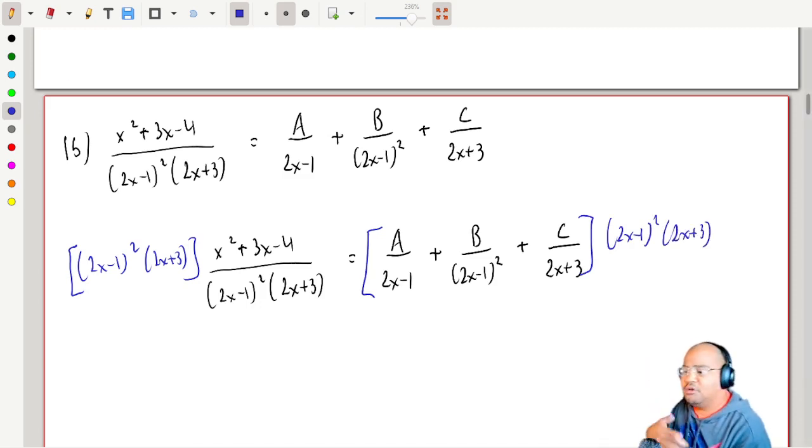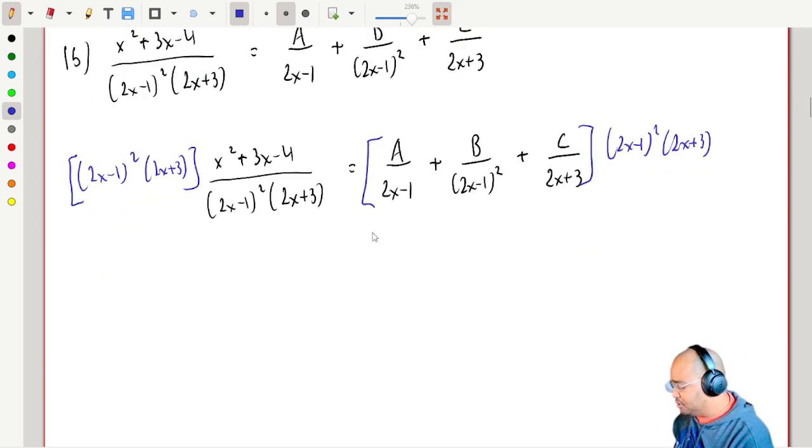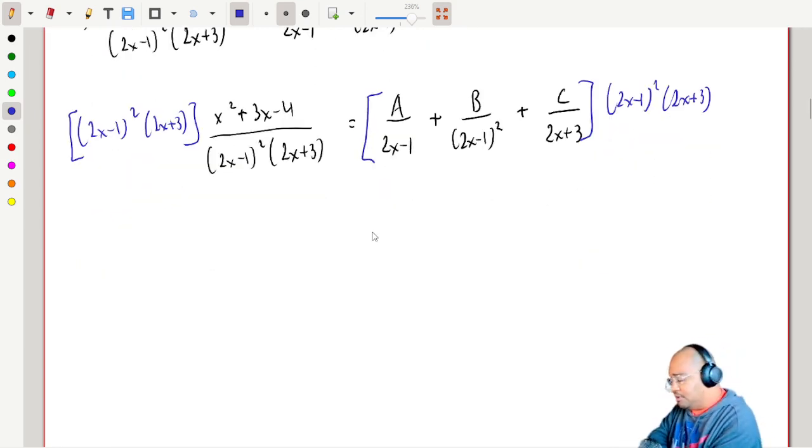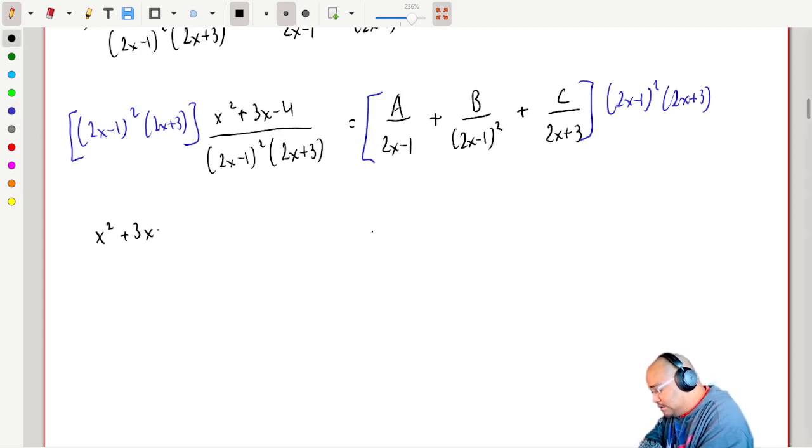Okay, I'll go ahead and write out what the distributive step looks like, and you'll see that some stuff vanishes pretty nicely. So when we multiply through, on the left, I just have the numerator, x squared plus 3x minus 4. And on the right, let's write out what we get with the distributive property here. So a times 2x minus 1 squared times 2x plus 3.